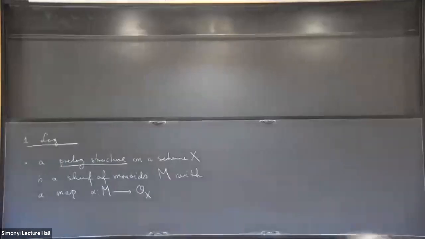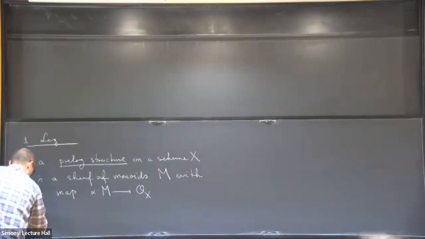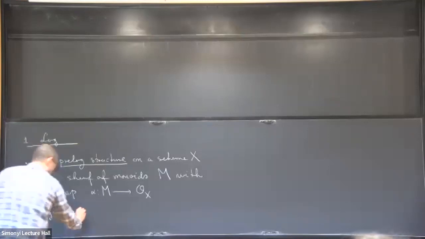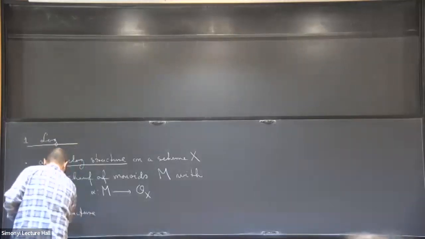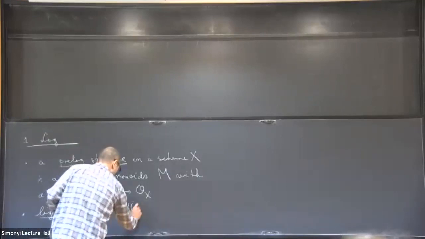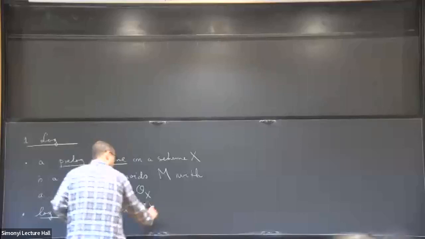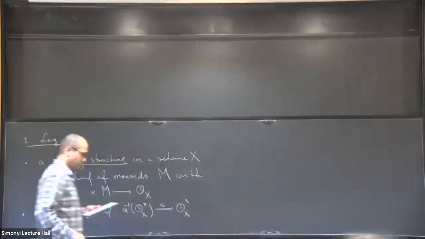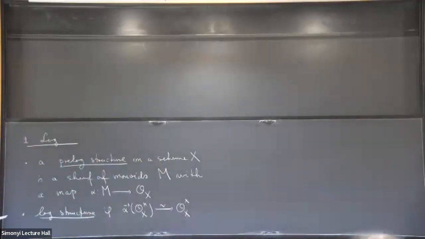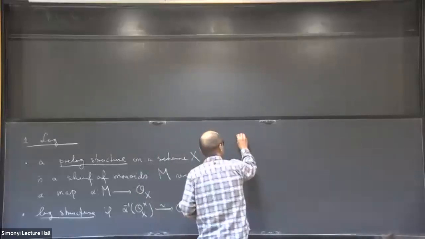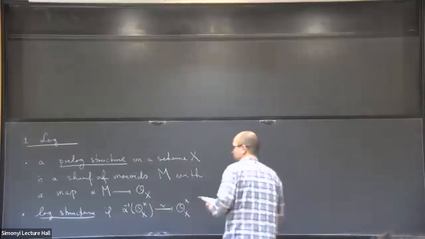And it's called a log structure if the pre-image of the units maps isomorphically to the units in O_X. That's the first two points, due to Kato.